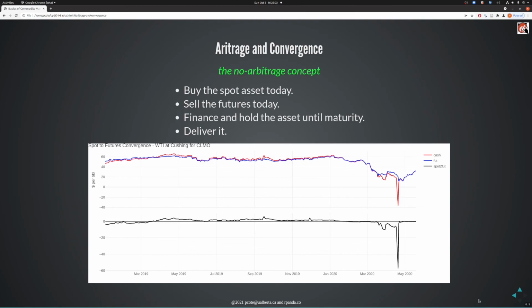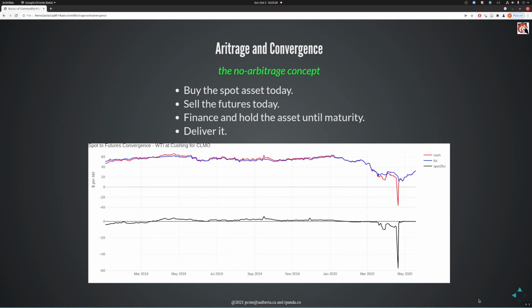The mechanics in this case, because it is a physical contract and you hold storage assets, would be as of today to buy the asset, also sell the futures today, lock in the price difference, upon delivery of the earlier delivery contract take delivery, finance it, store it, and upon maturity, deliver it into the futures contract.